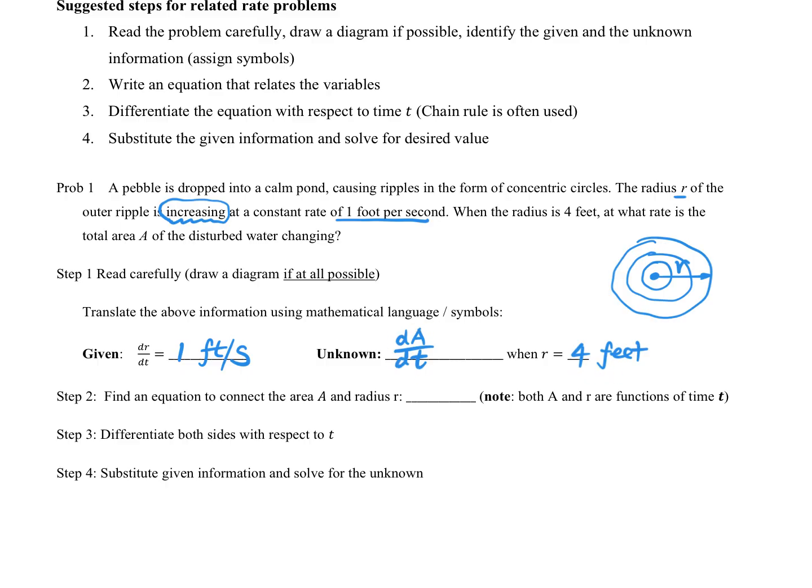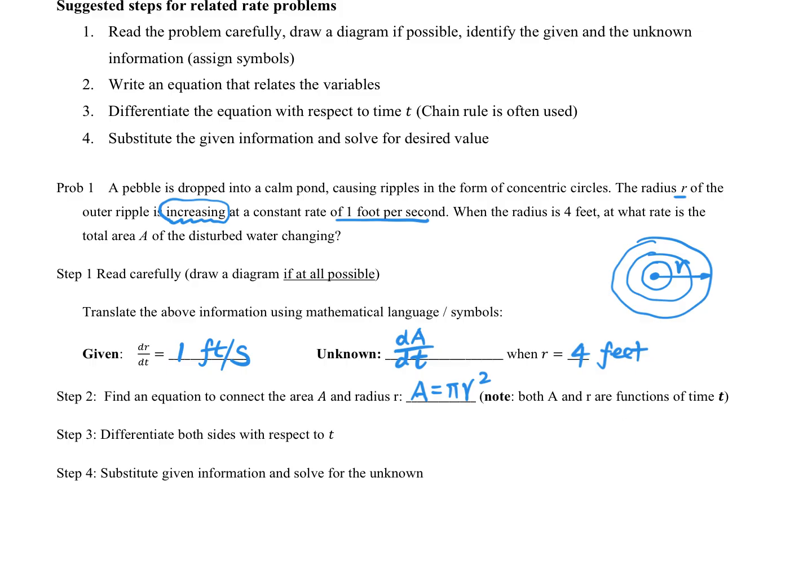Now, time for us to find an equation to connect those variables A and r, because this is a circle. It's pretty intuitive that we should use the area formula. So the area formula is A equals pi r squared. And keep in mind, both A and r are functions of t.